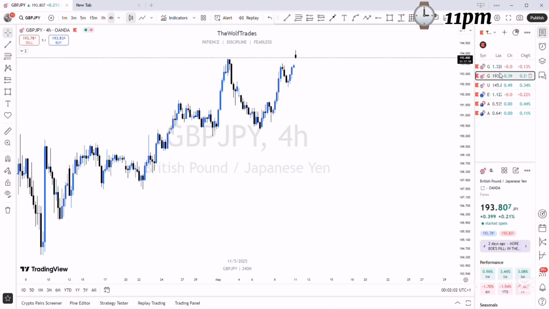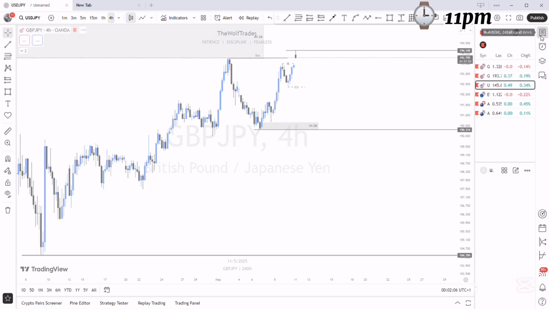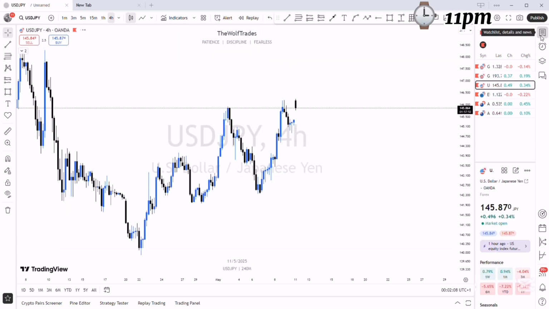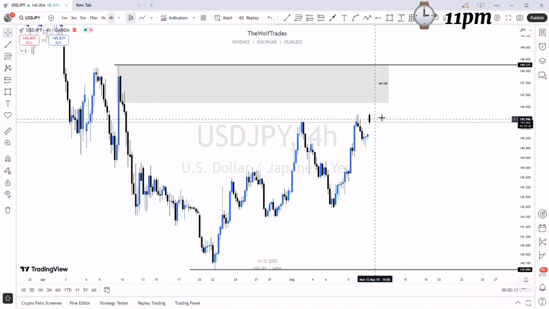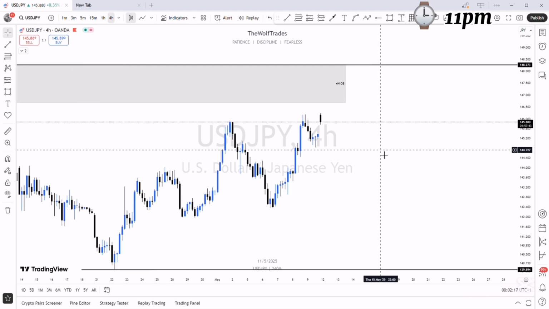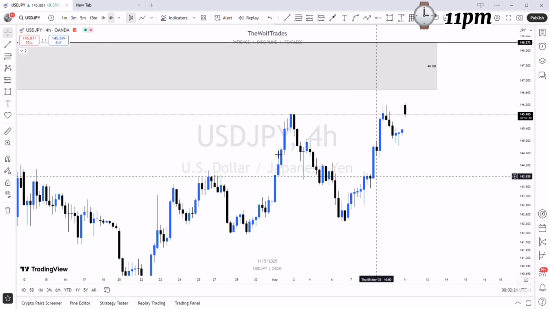So you can see I'm looking for a sell on GBP JPY and USD JPY also. But there's more opportunity for me to rally up with the price. So I just drop down to the 1 hour time frame.